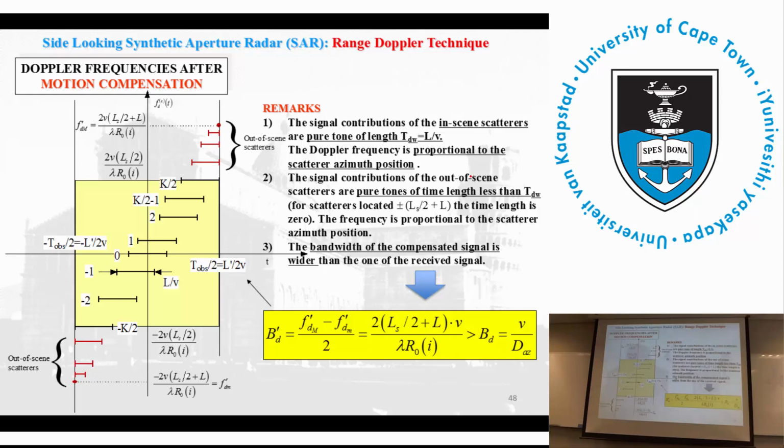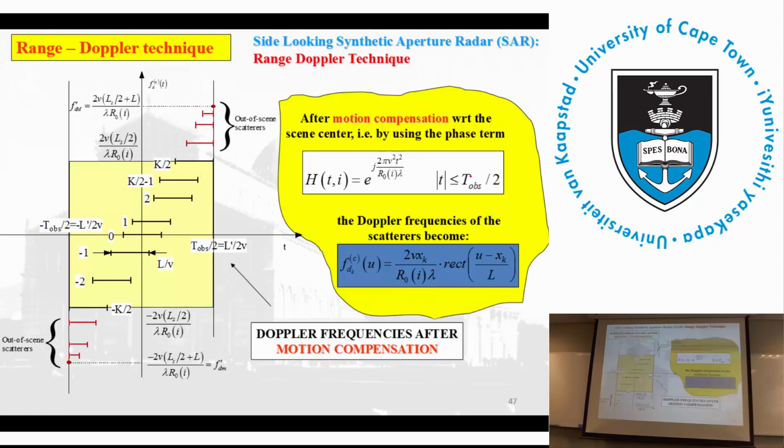This is how it looks like. A sum of complex oscillations, and each of those oscillate at a different frequency. This particular frequency is associated with the position of a scatterer. Each Doppler frequency depends on the position of the scatterer, which is x. When x is 0, this is 0. When x is 1, well, this would be 2v.